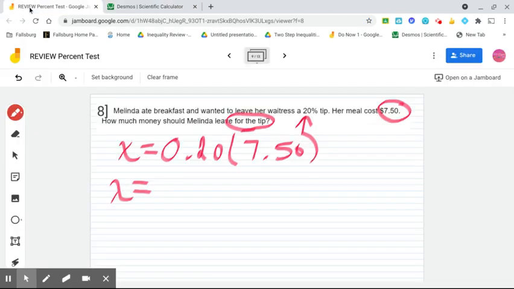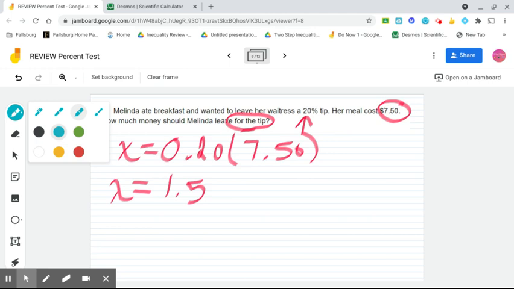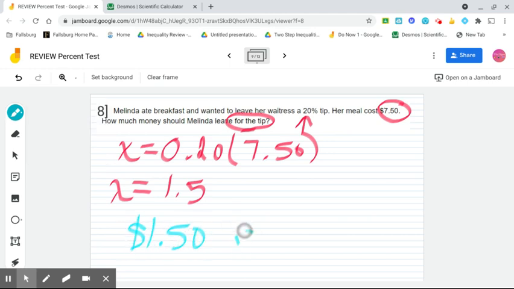So 1.5, we're really talking about money, right? So we should say $1.50 is the tip. Okay, that's how much Melinda should leave. It's not asking for a total price, it's just asking for the amount of tip.